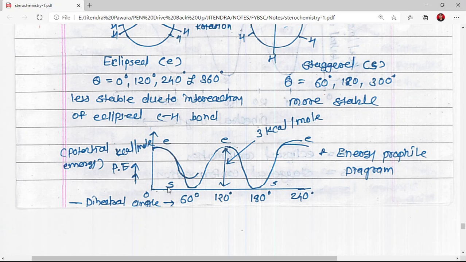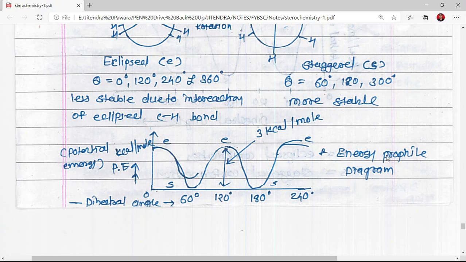And the energy difference between these two conformations, eclipse and staggered, is 3 kilocalorie per mole. Again, when you rotate, you will get eclipse conformation at 120. Again, when you rotate by 60, at 180, you will get your staggered conformation. Again, when you rotate to 240, you will get eclipse conformation.